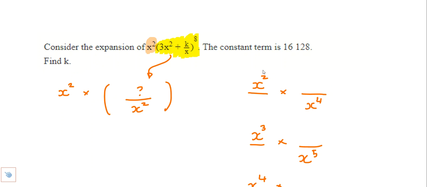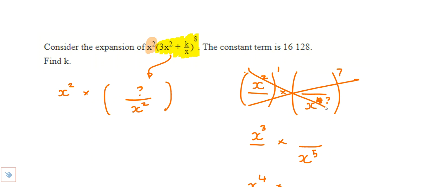So this could be to the power of 1, but then this would have to be to the power of negative something, and this would have to be a 7, but 7 times what would give you the 4? Nothing. So it can't be that one.